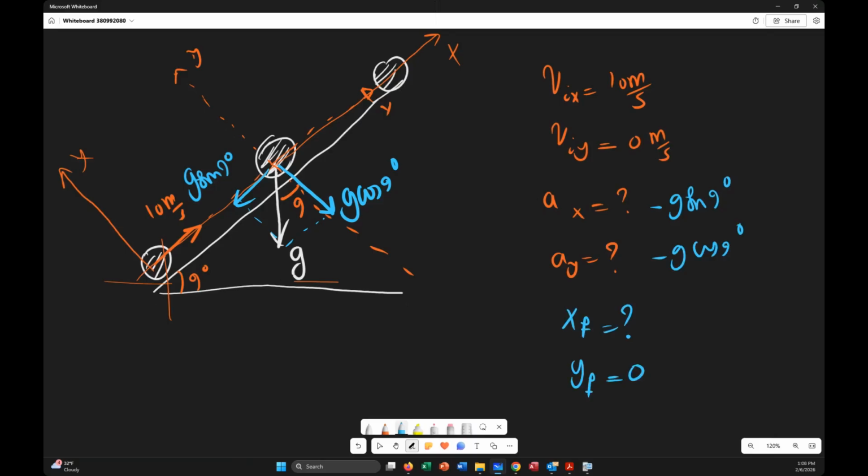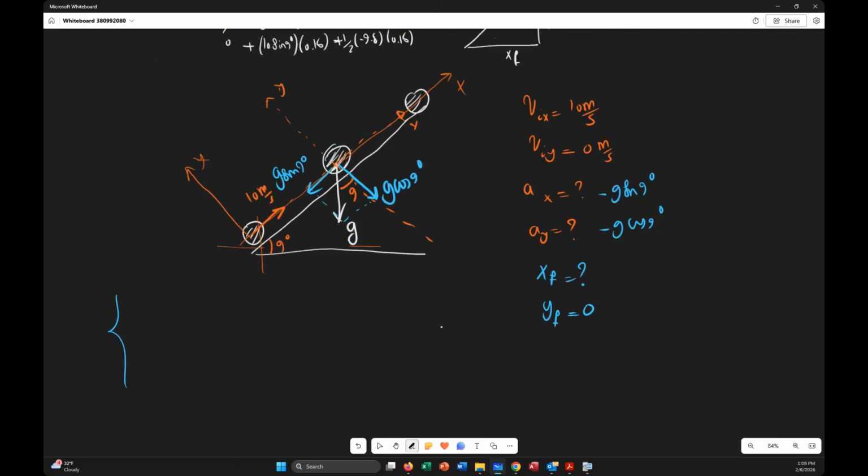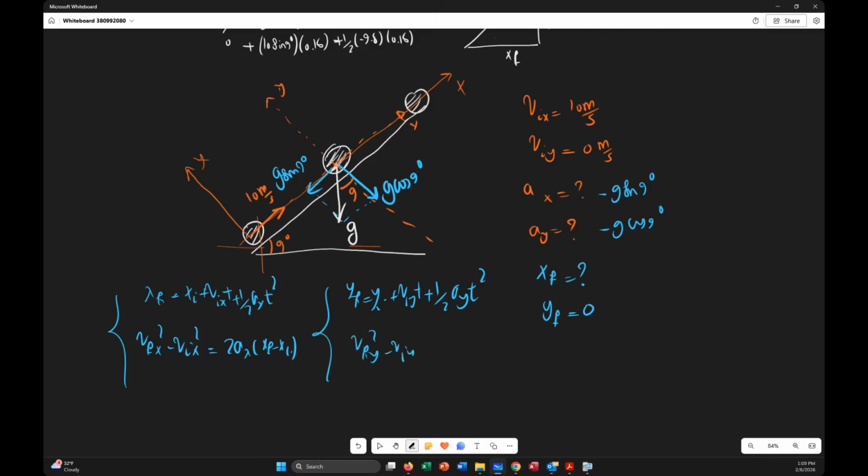So what else do we have? Because in 2 dimensions we have acceleration, it means that we need to write those 3 equations with the acceleration for both. xf equals xi plus vix t plus 1/2 ax t squared, and yf equals yi plus viy t plus 1/2 ay t squared. And what is the other formula? vfx squared equals vix squared plus 2ax(xf minus xi), and vfy squared equals viy squared plus 2ay(yf minus yi).